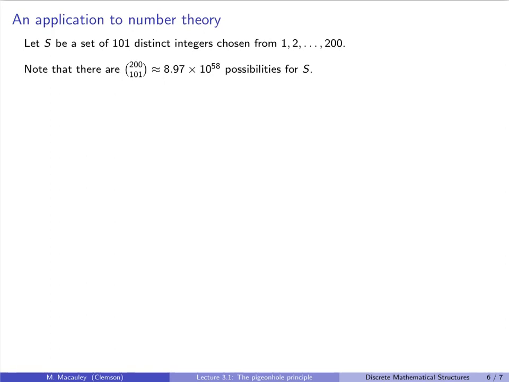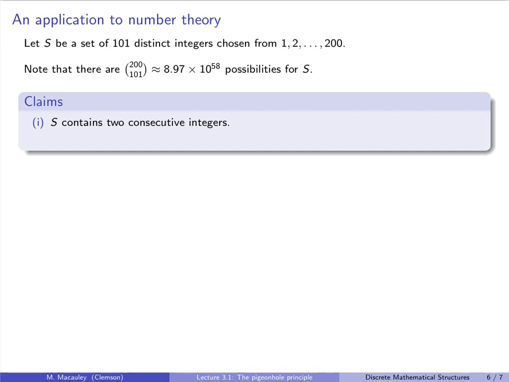But I like 200 because it's not too big, but it's big enough that there are 10 to the 58 subsets of size 101. So 10 to the 58 possibilities for S. So what I'm about to claim, there's no way you can possibly ever check using brute force.